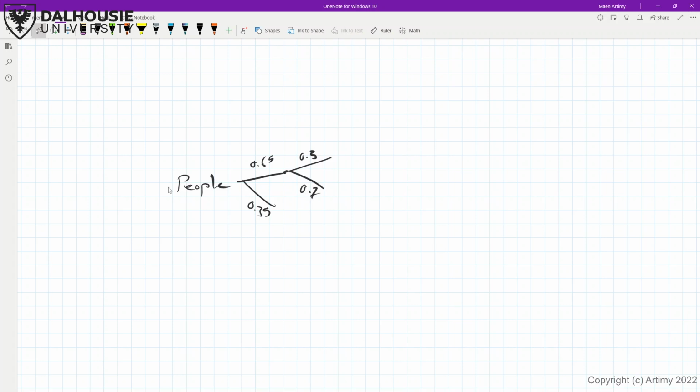So among 15, what is the percentage of people who will buy it? If you multiply these two numbers, you will get the percentage. 65 will finish, and then 30% of those 65 will buy. So the probability, small p, is 0.65 multiplied by 0.3.